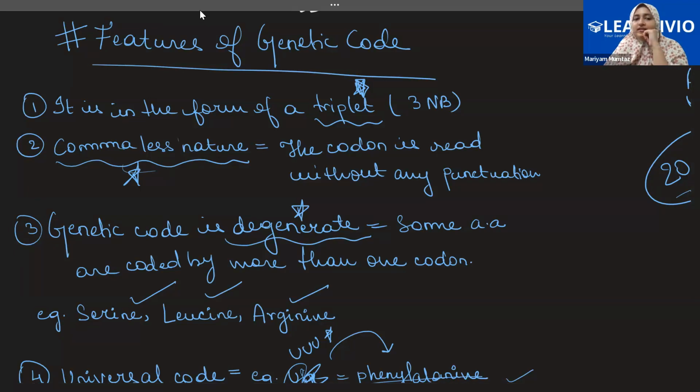Talking about the features of genetic code. Remember that the genetic code is always read in the form of triplet. Triplet means that it is read in three, right? Whenever anything was added, the frame shifted. You even answered in the class that way. Anyway, so it is read in the form of triplet.